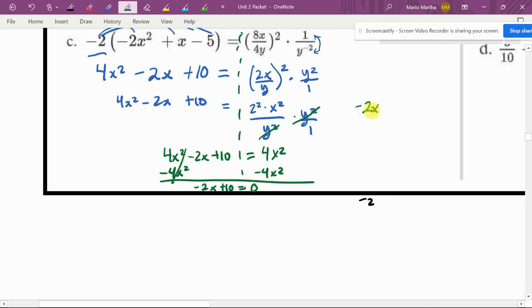Let me continue over here. And then subtract 10 from both sides. And then you have −2x = −10. Divide both sides by negative 2. Negative divided by negative is a positive, so we get 5.